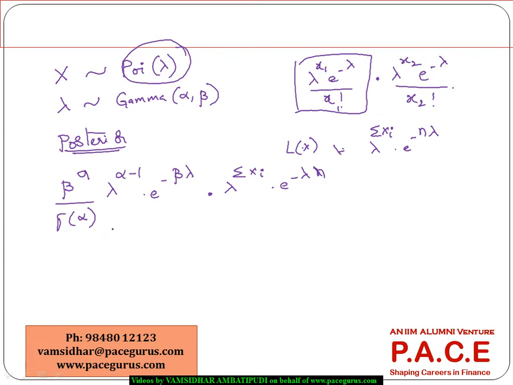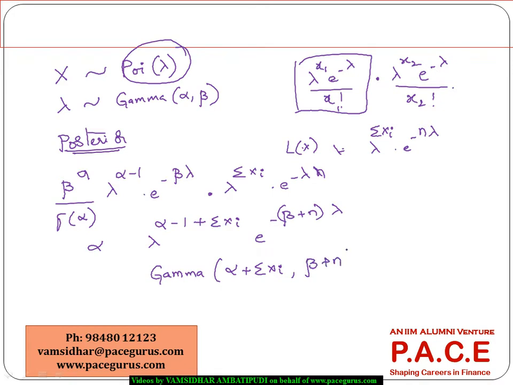Now, if I look at this posterior distribution, it is proportional to, taking only the lambda related stuff, lambda to the power of alpha minus 1 plus sigma xi and e to the power of minus of beta plus n times lambda. Now this is similar to a gamma distribution with the parameters alpha plus sigma xi and beta plus n. This is the posterior distribution.